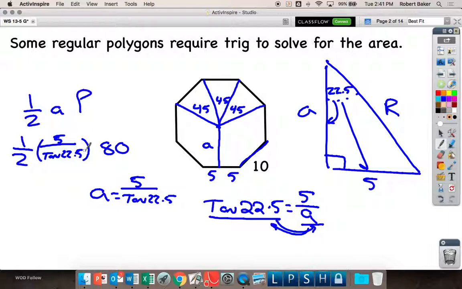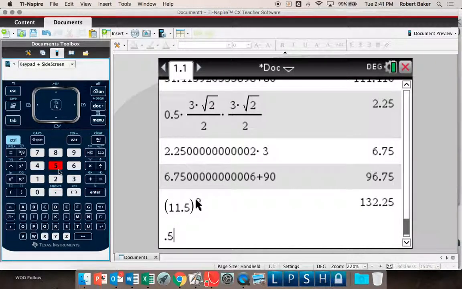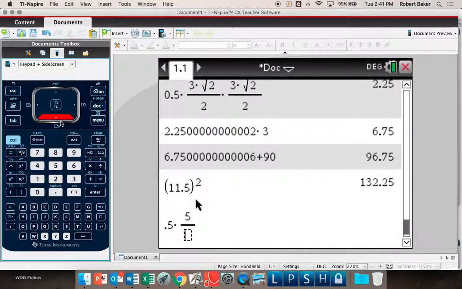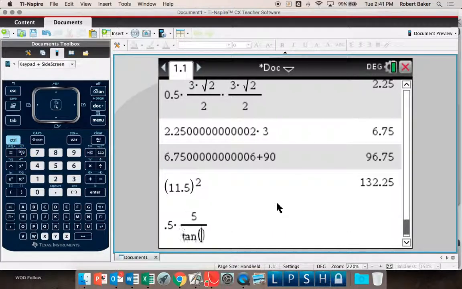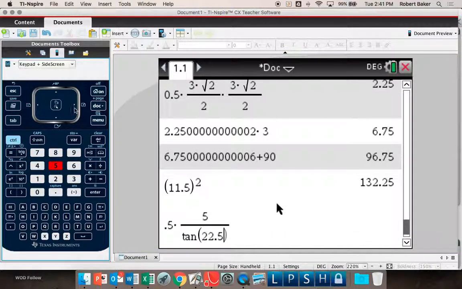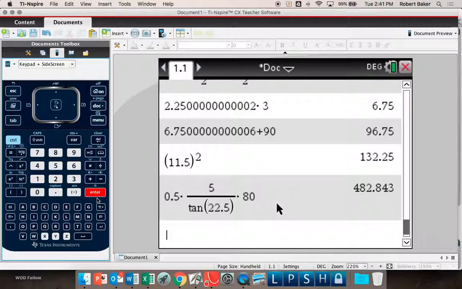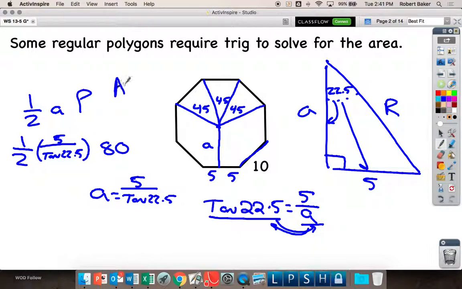So now I'm going to use my formula, 1/2 the apothem times the perimeter, to calculate the area of this shape. 1/2 times the apothem times the perimeter. 482.8 units squared.